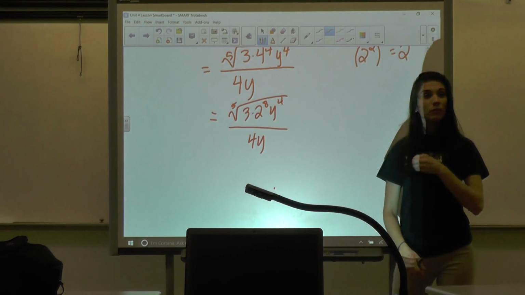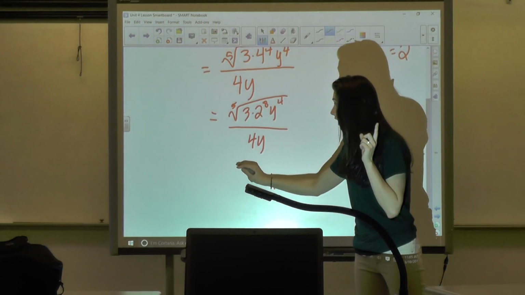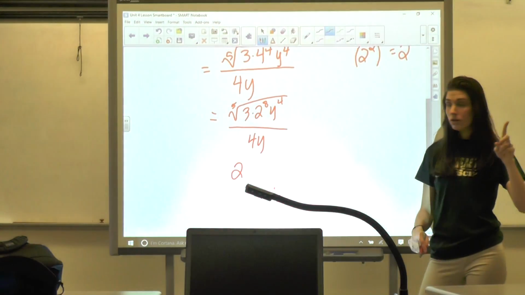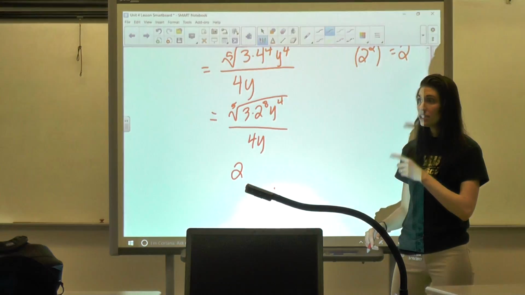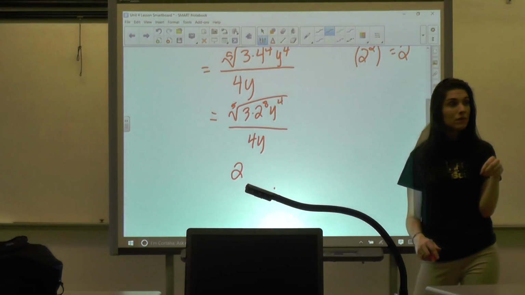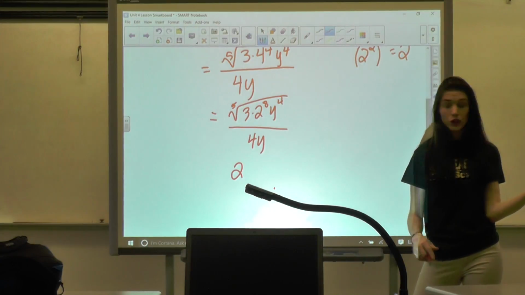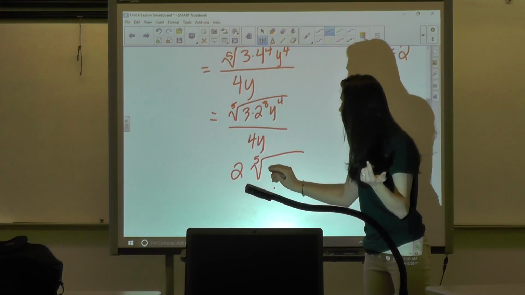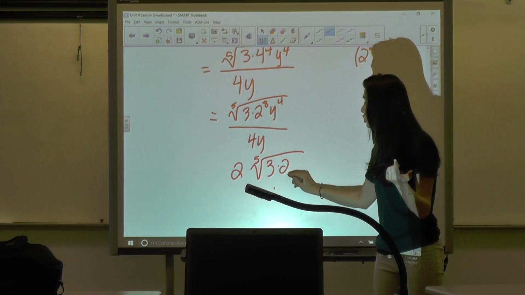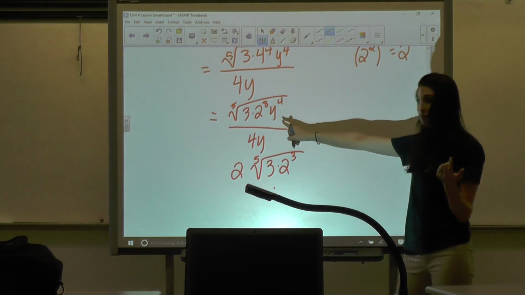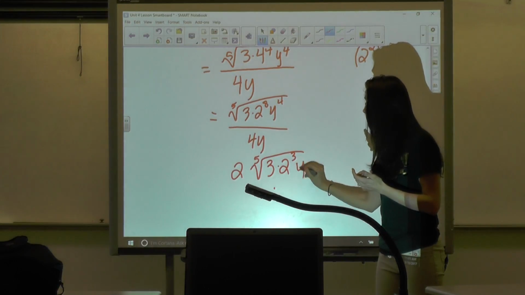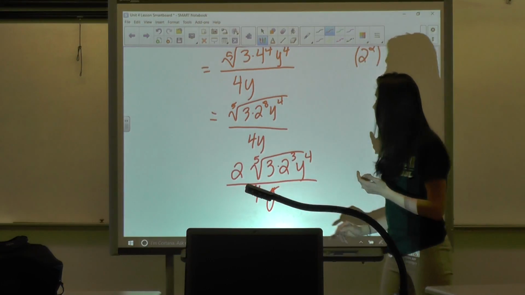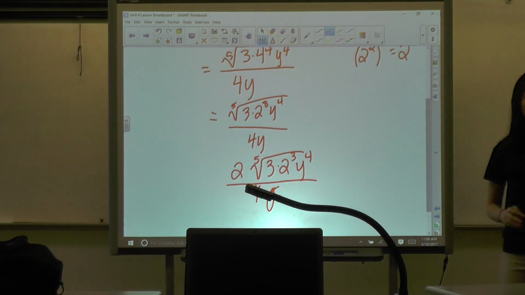For every 5, I bring out 1. How many times will 5 go into 8? 1 time. How many 2s are left over? 3. So you have the 5th root of 3 times 2 cubed. I don't have 5 4s, so that stays underneath here, over 4y.